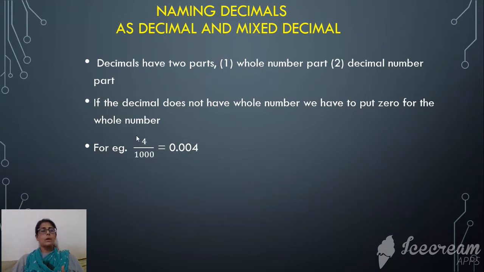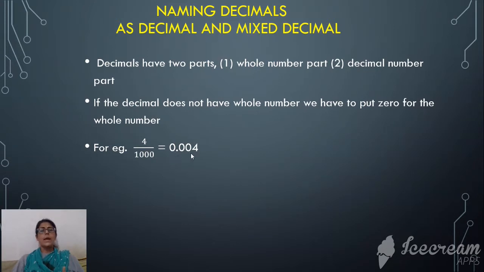I have written here 4 upon 1000. Here only one digit is there and in the denominator you can check 1000 is there. So we have to write 3 digits after the decimal. That means we don't have any number as a whole number. So in the whole number we have to write 0.